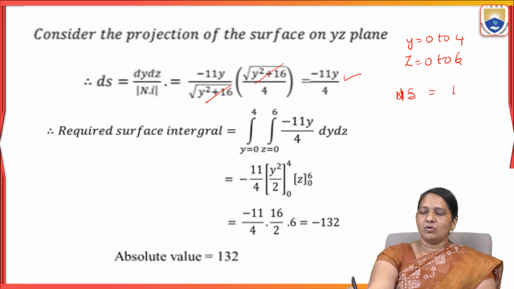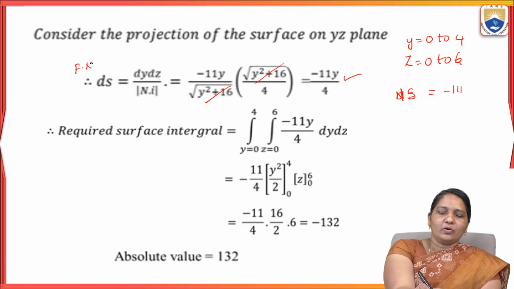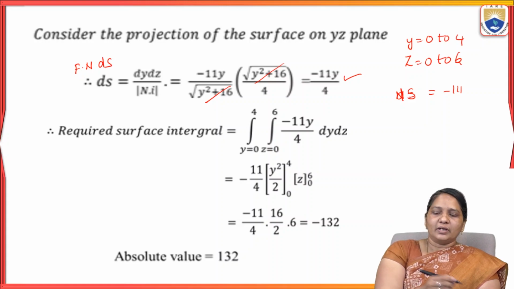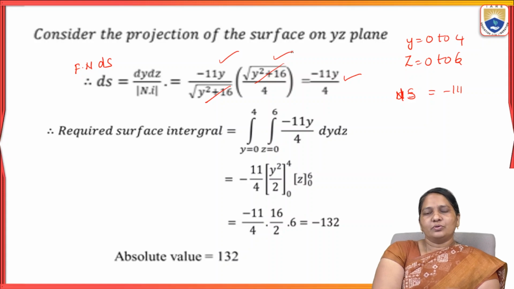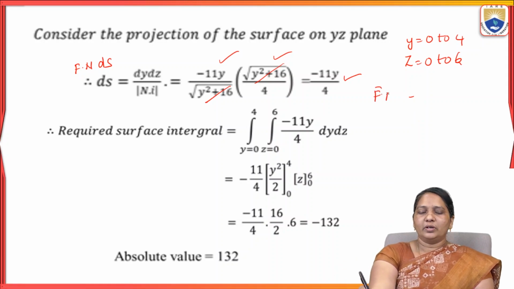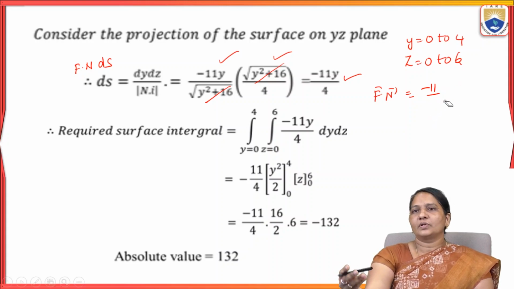So F dot n dS, this is the F bar value, this is the dS value. Now this F bar dot n bar value is minus 11y by 4.